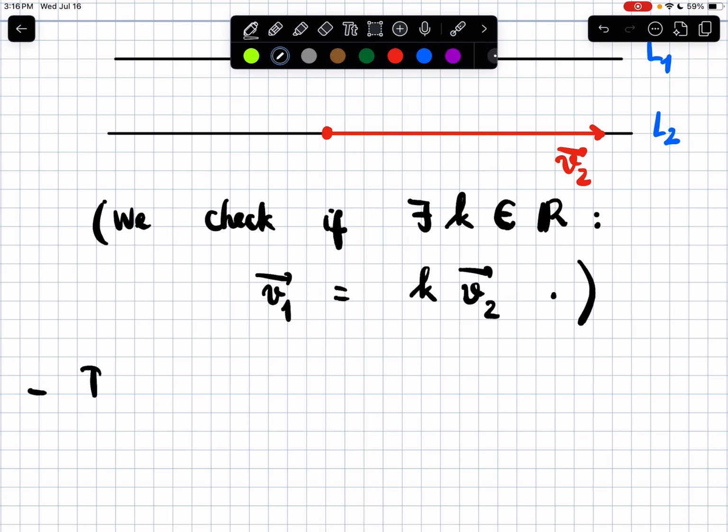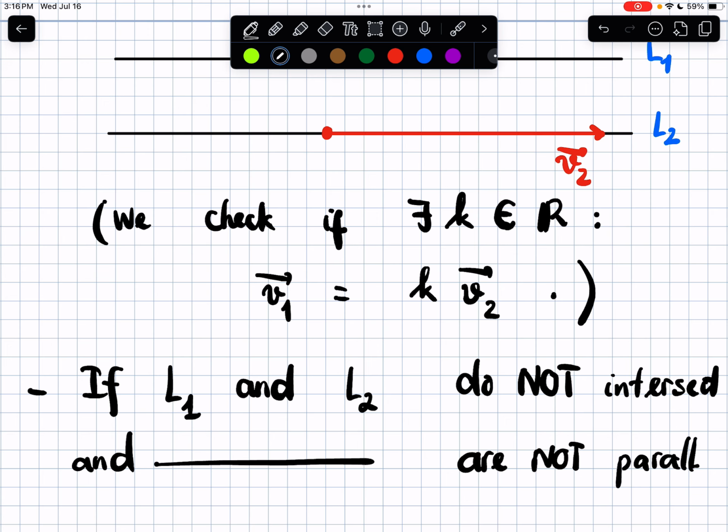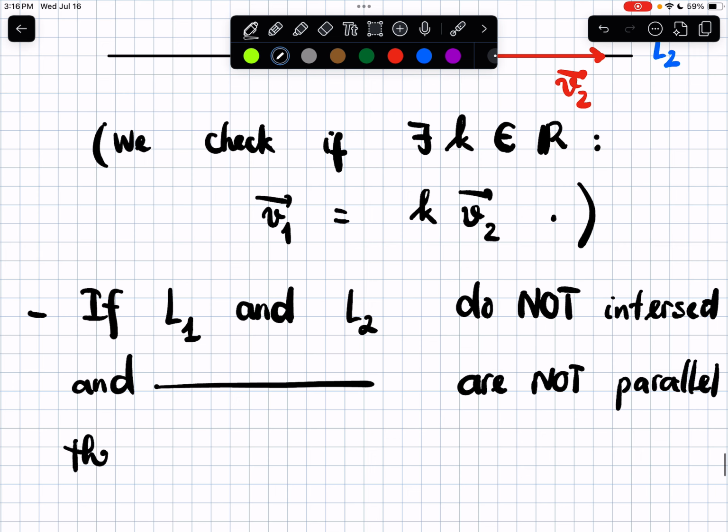And if they are not parallel and they don't intersect either, then they are skew. If L1 and L2 do not intersect and are not parallel, then L1 and L2 are skew.